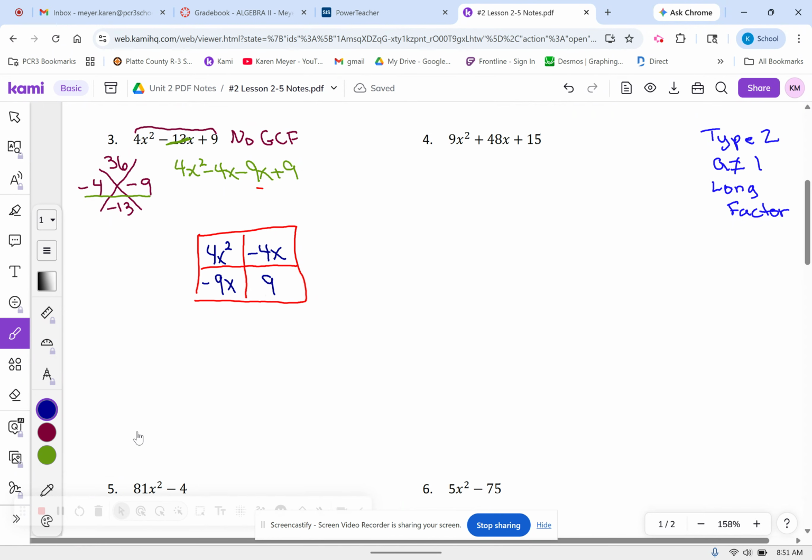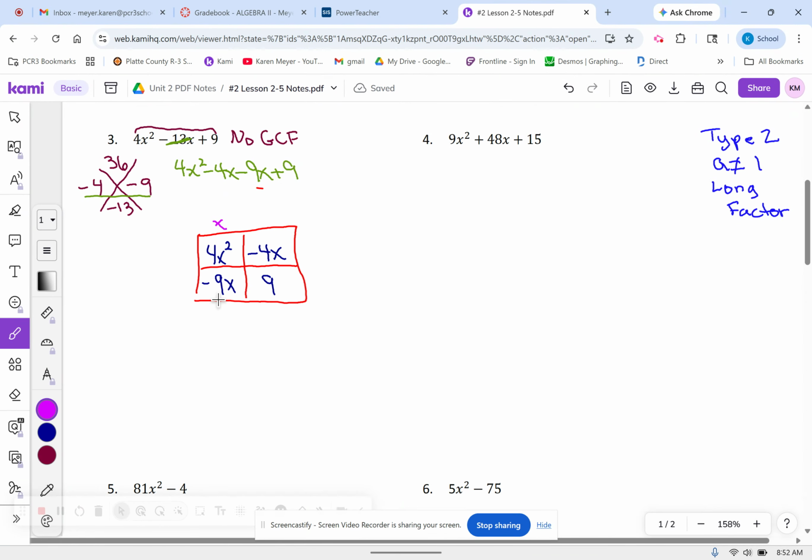I'm going to choose to look up and down, and I want to take out a GCF. So if I look at the numbers 4 and 9, does anything go into 4 and 9? And everybody's going to say, nope, just 1. So now look at the variables. I have an x squared and an x. And I would say, oh, they each have at least an x. So their GCF is the letter x.